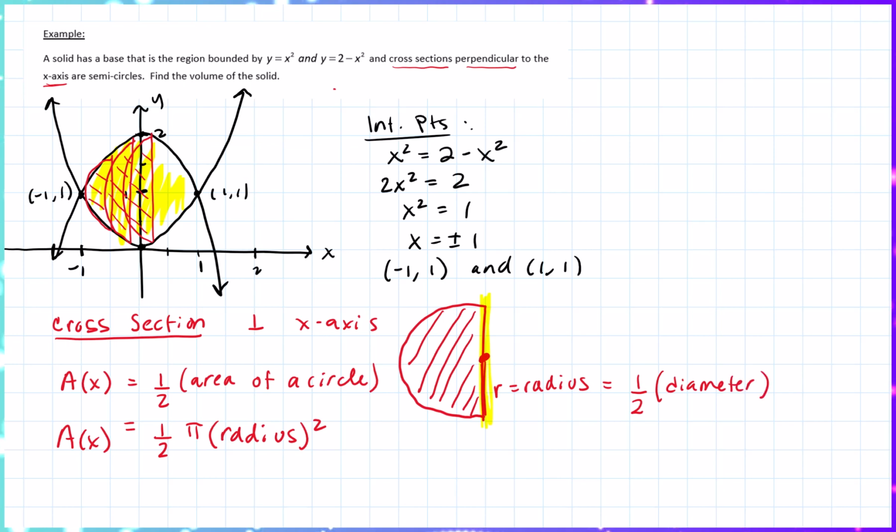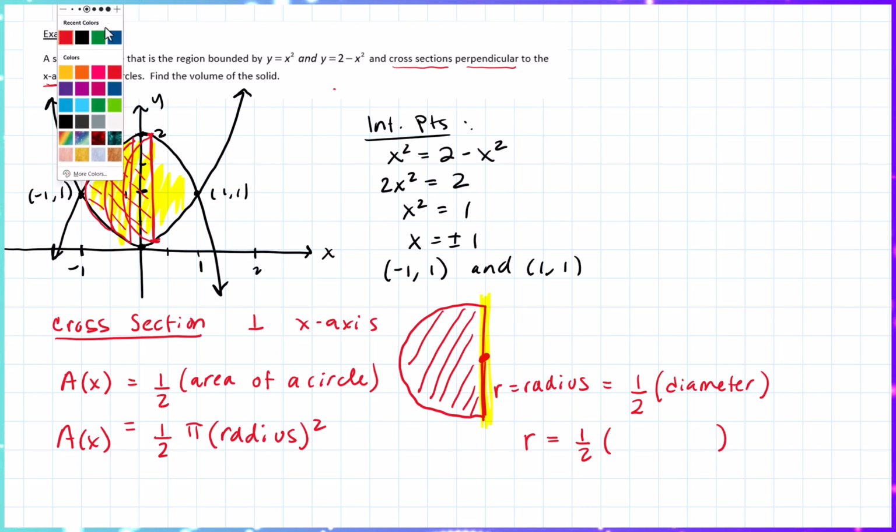Well, how do we find the diameter of the circle? Well, let's come back up to one of our drawings up here on our solid that we were demonstrating. So the diameter is the length from the lower parabola to the upper parabola. So the diameter is going to be the parabola on top.